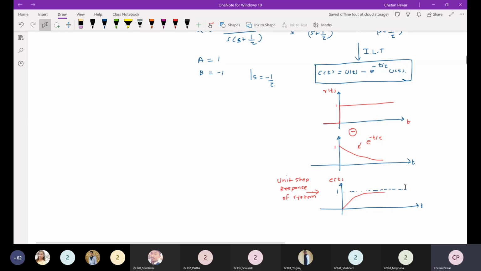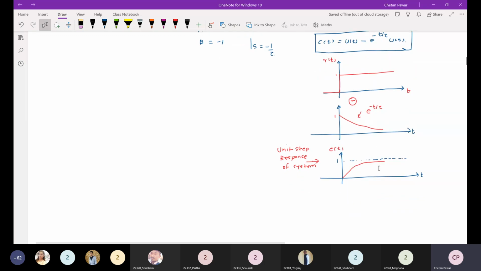What is the final value here? The final value is 1. It depends on the time constant of the system how much time it will take to reach that final value. So let us calculate the steady state error for this particular system.